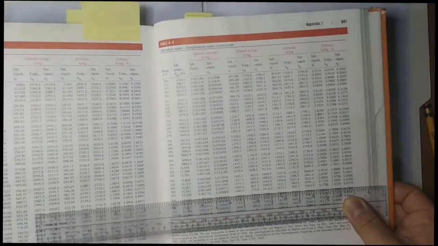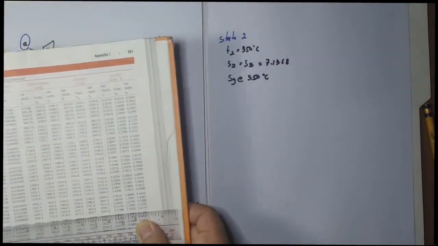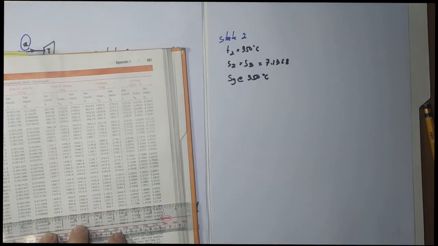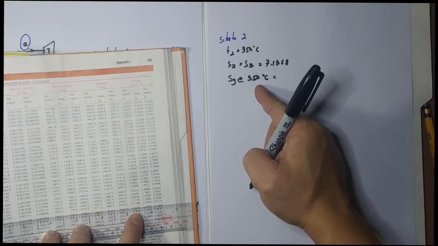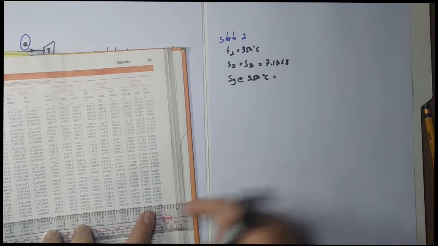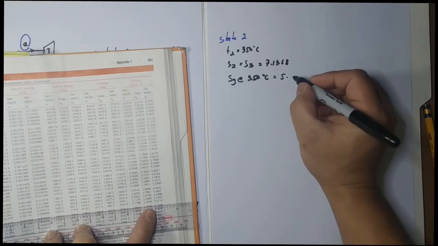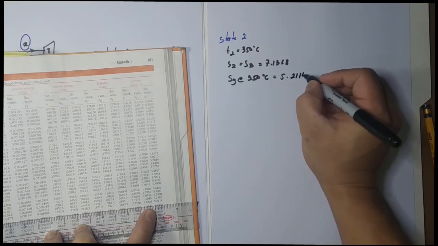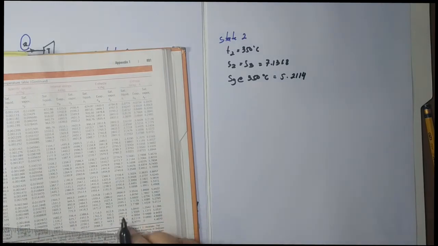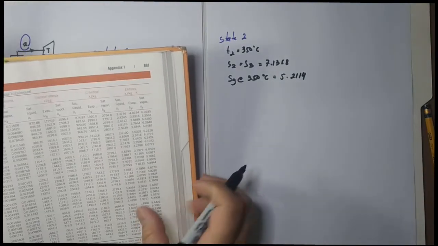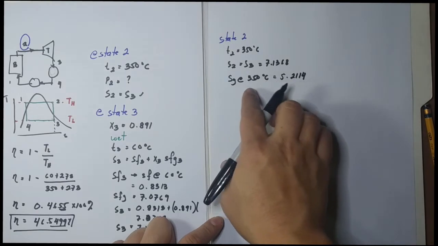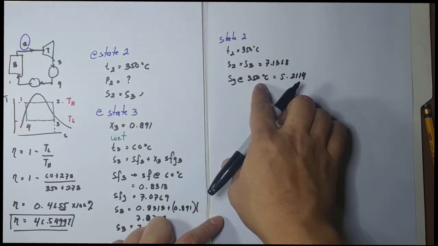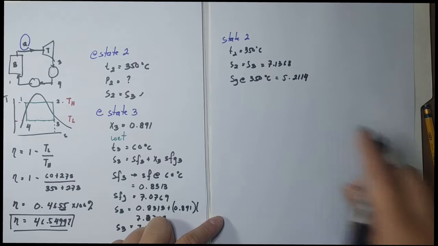Lumalabas na ang SG at 350 degrees Celsius ay nasa 5.2114. Okay. Sige. Now, kapag yung SG ng 350 ay 5, ito yung saturated niya.